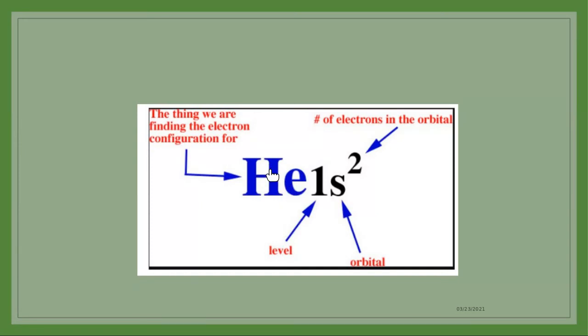We are finding the electron configuration for helium. This is the first shell, and the s orbital, and this two is the number of electrons in the orbital, don't forget. And helium is in group 2A, as noble gases.